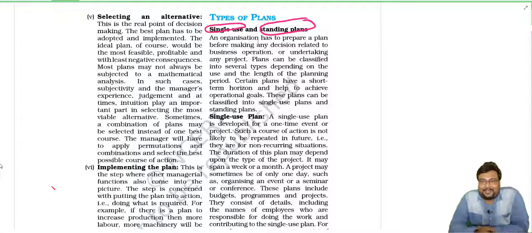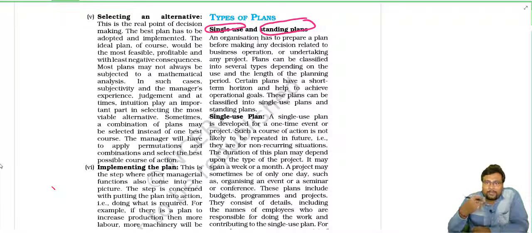And you tell me, if the school organization arranges the same program with the same person and the same theme, will the school function be successful? No, nobody will be interested. That's why these types of plans are non-recurring in nature.